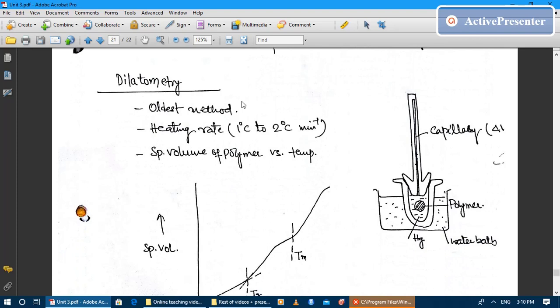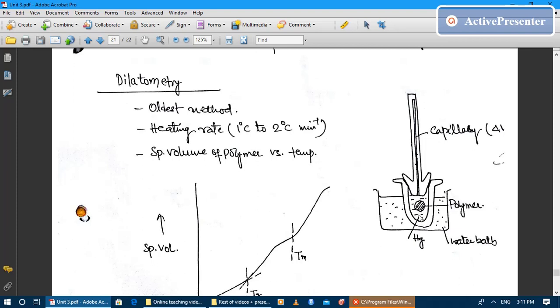Dilatometry is the oldest method, and it gives us a relationship between the specific volume of the polymer versus temperature. The heating rate is kept from 1 to 2 degrees centigrade per minute. The construction of the equipment is like this. There is a glass capillary attached to a glass bulb containing mercury and the polymer.